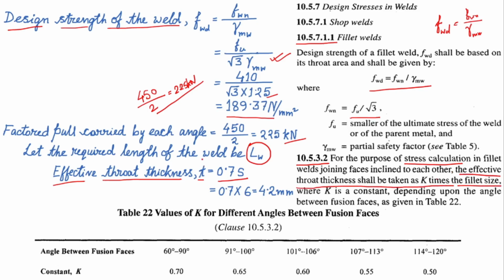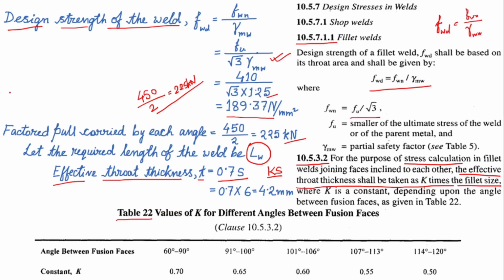Here the size of the fillet weld is S, so I can write it as KS, where K is a constant depending upon the angle between fusion faces as given in table 22. So the values of K for different angles between fusion faces are given in table number 22.